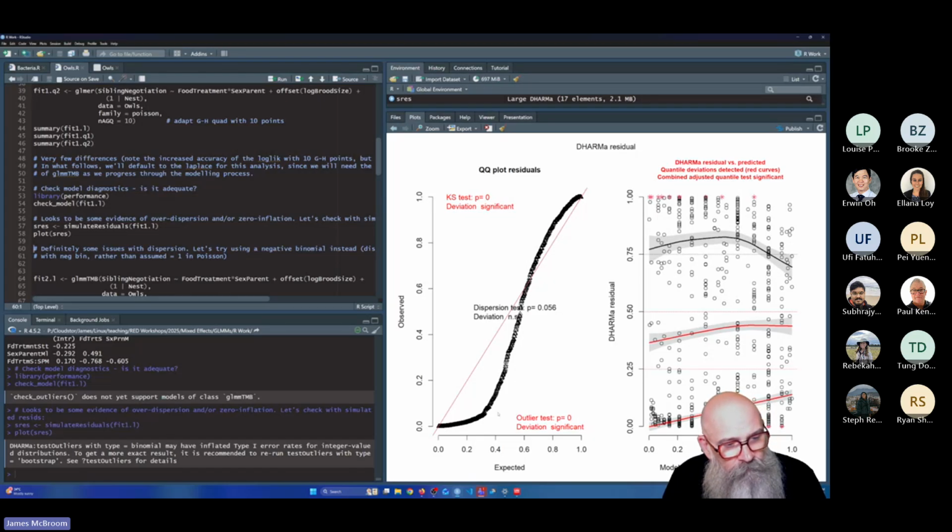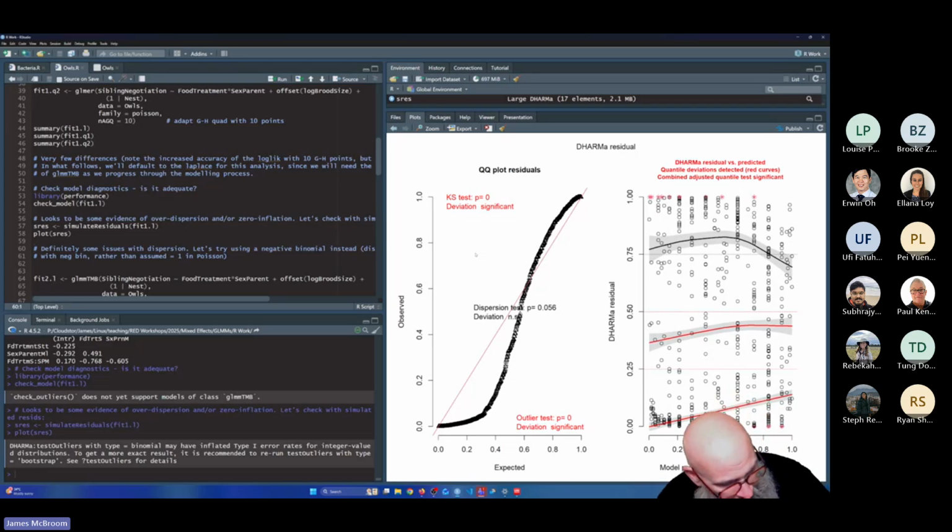So you've got this sort of S shape here, which is an indication that we've got zero inflation. But also, I think we've got over dispersion as well, maybe because of the zero inflation, but we need to think about over dispersion here as well.